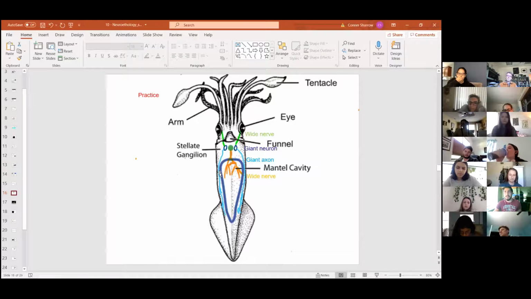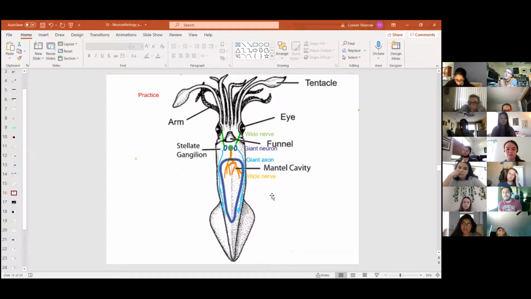And it will send signals once it's full, from the wide nerve to the mantle cavity, to expel the water from the posterior to the anterior through the funnel when needed.